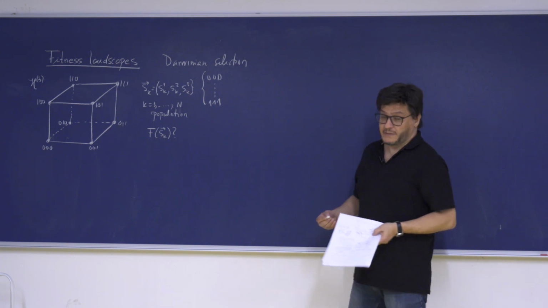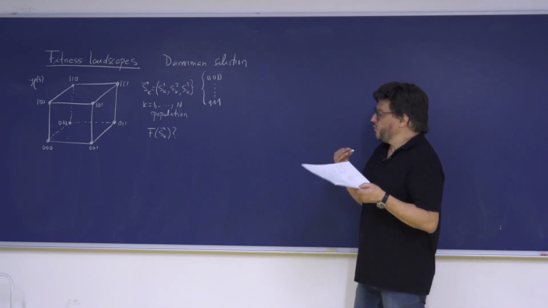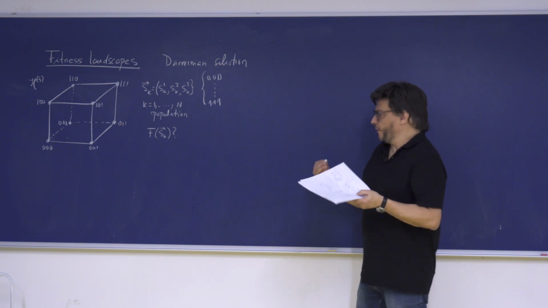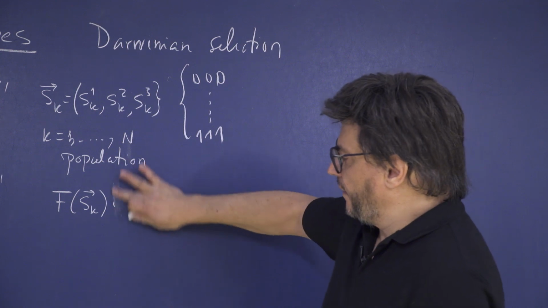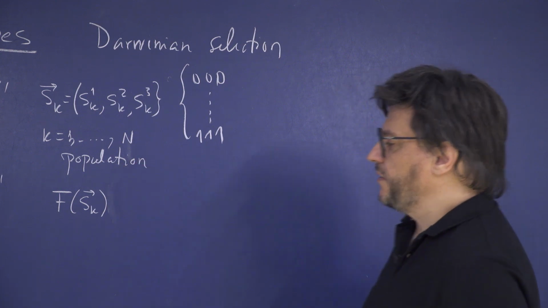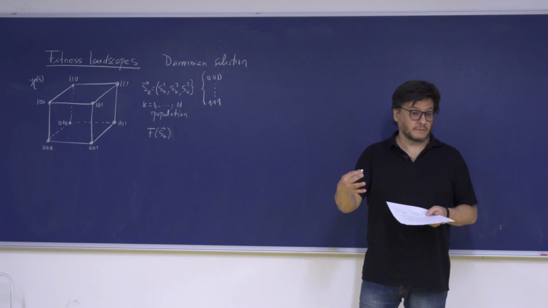But let me give you an example, first of all. Let's invent a fitness function. Suppose that for whatever reason it is there, the fitness of an arbitrary string in my system is just the fraction of ones that I have.